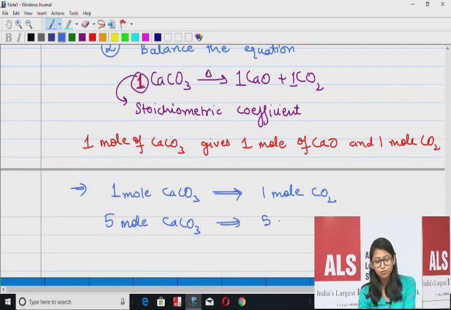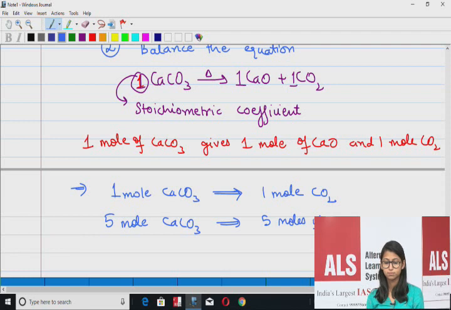It will give me 5 moles of CO2. Clear? Take your time and tell me if it is clear. Clear now?